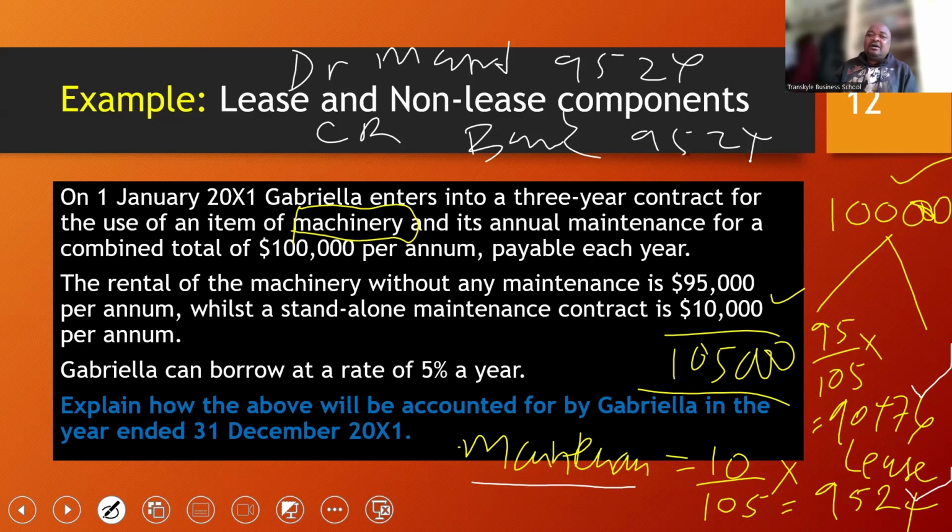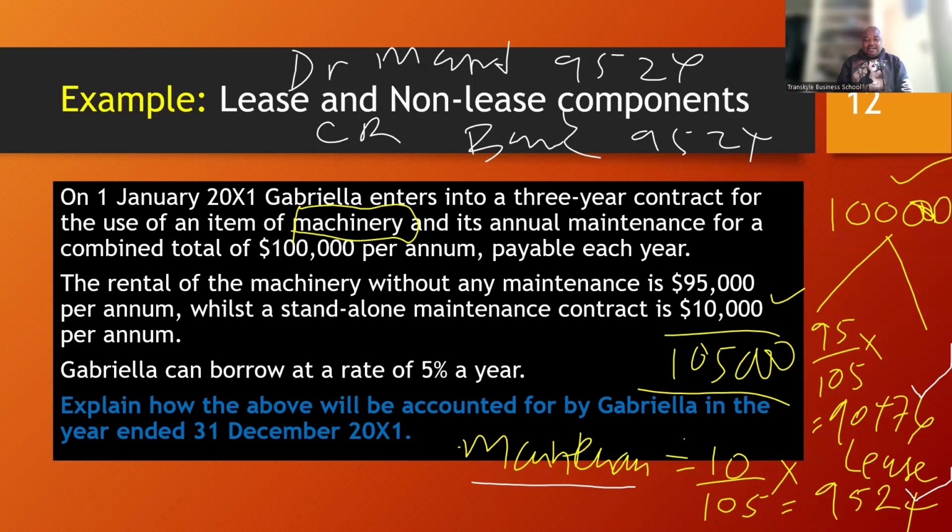Okay, guys, going ahead with our discussion. So we have managed to delineate the transaction between the lease component and the non-lease component. So we then have to determine the lease liability, and from the definition, it is the present value of all the future lease payments.